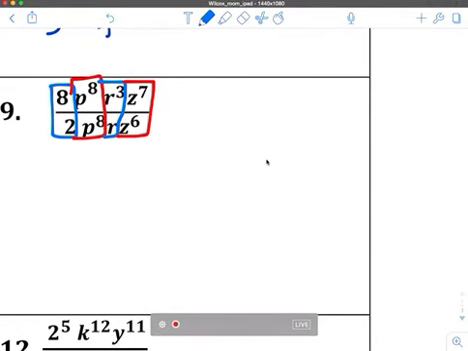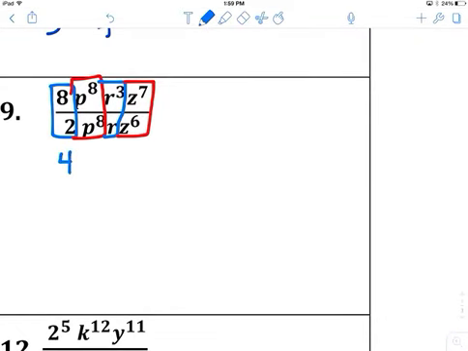8 divided by 2 is 4. That's the first one. The second one is p to the 8 minus this 8, you get p to the 0.